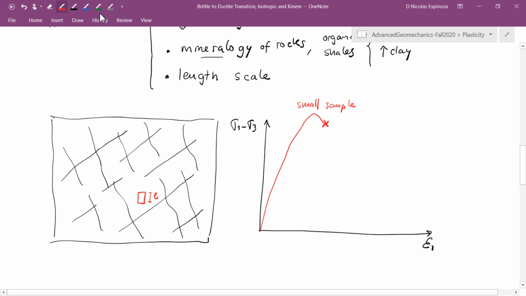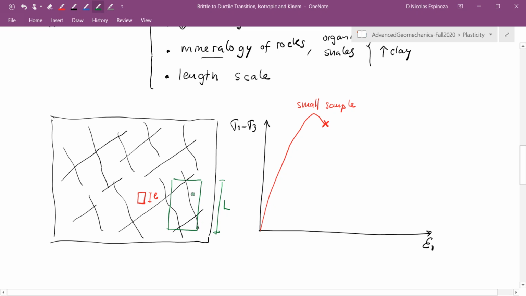All right, we can go to the same rock mass, but let's say that now we can obtain a much larger sample. And this time, instead of testing the intact rock, now we're able to sample a rock mass with fractures inside, now with a length L. And again, we take this to a large triaxial cell and we fail it. What are we going to see in this case?